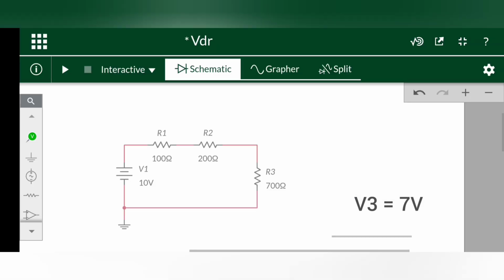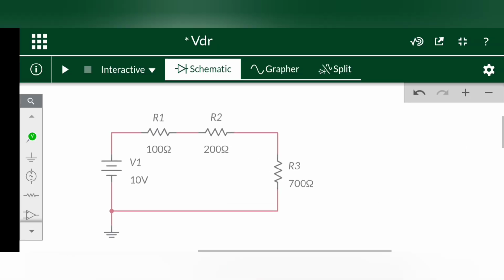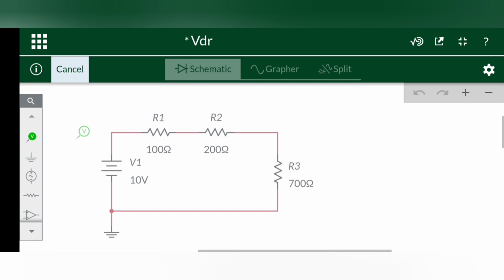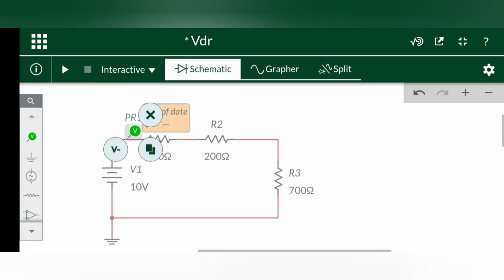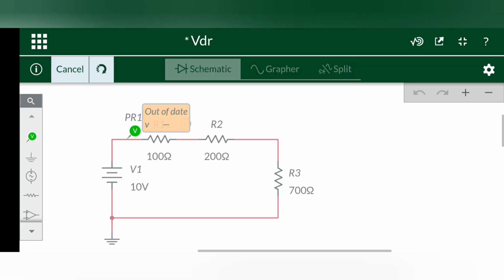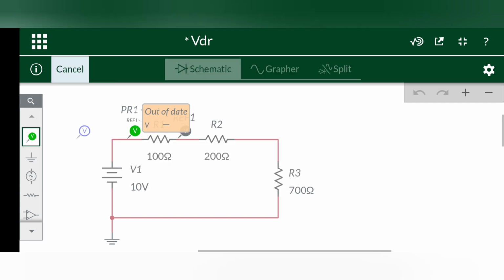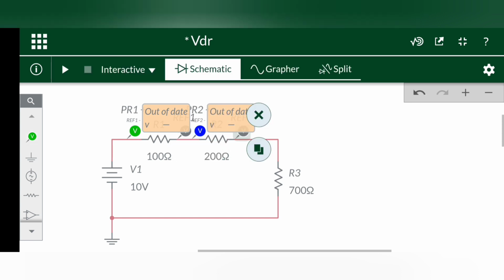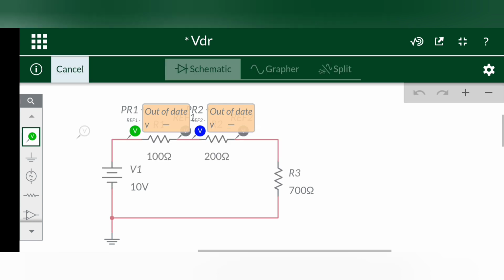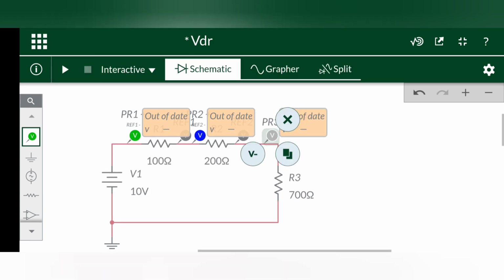V3 is 7 volt. Now this is Multisim Live and I am going to show you how to measure voltage across the resistor. Place probes across each, place the negative probe as well. Similarly, place the third probe.